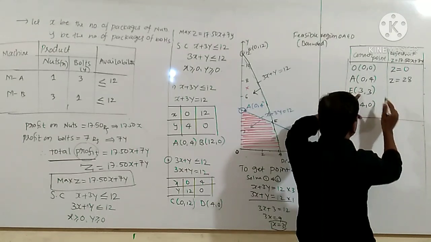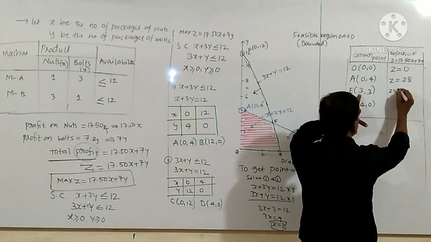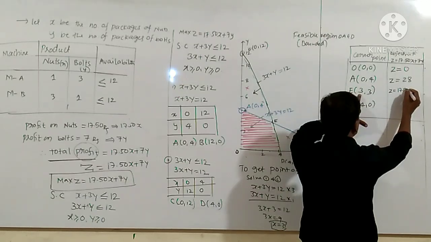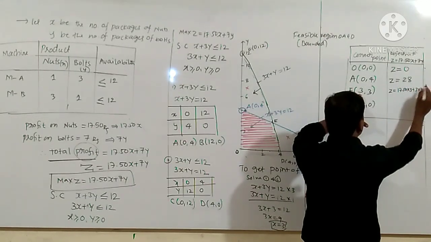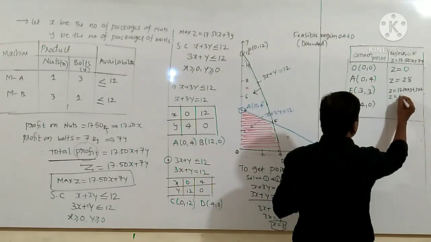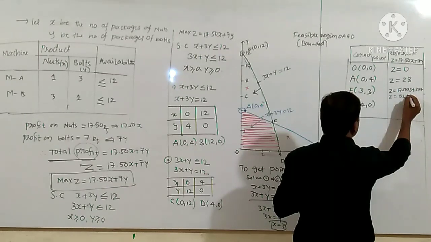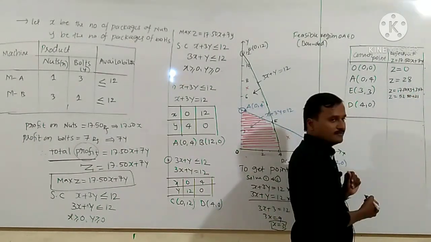Next here it is E. So here we will write the value of x: 17.50 into 3 plus 3 into 7. Simplify this one. So here you are getting 52.5 plus 21.